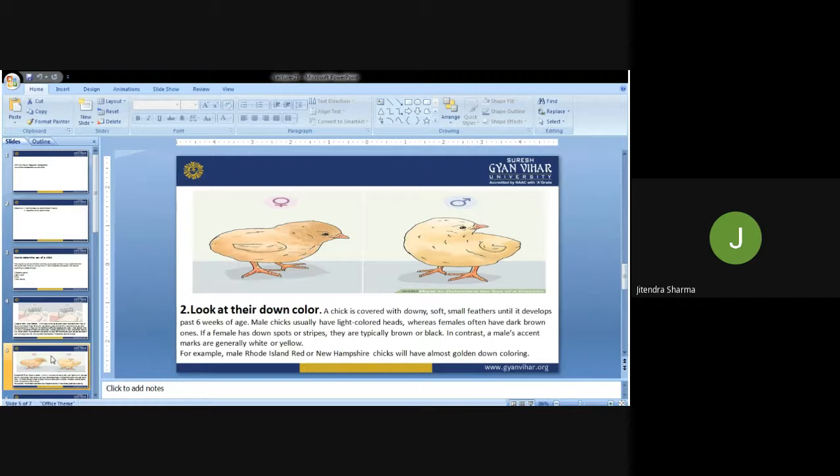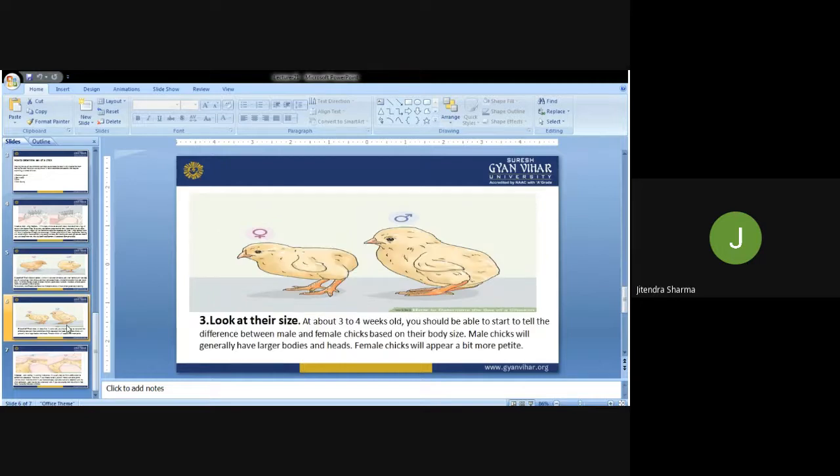For example, male Rhode Island Red or New Hampshire chicks have almost golden down coloring. So on that basis, in a particular breed we can tell, but in all cases we cannot say that this is a thumb rule. Scientifically, this was not that well approved.